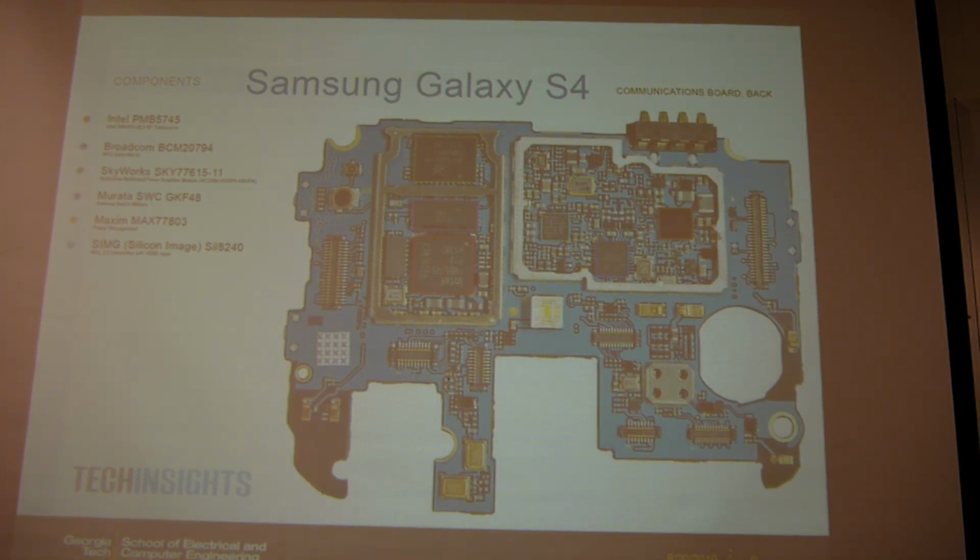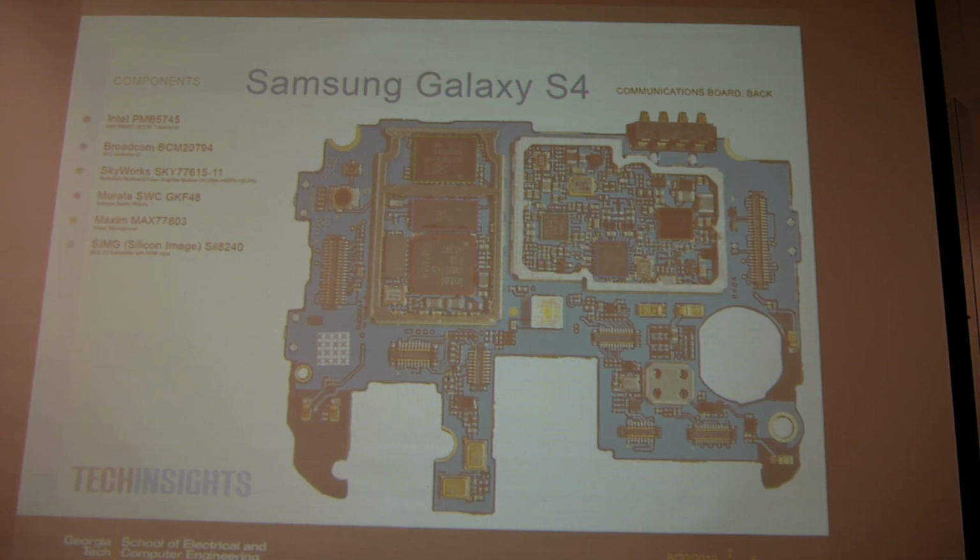On the back side you have other chips as well, mostly for power management and some communication, like NFC and LTE, those kinds of communication chips, transceivers. Different chips from different companies you can see here, like Broadcom or Maxim or Skyworks. So different chip designers. Okay, any questions?